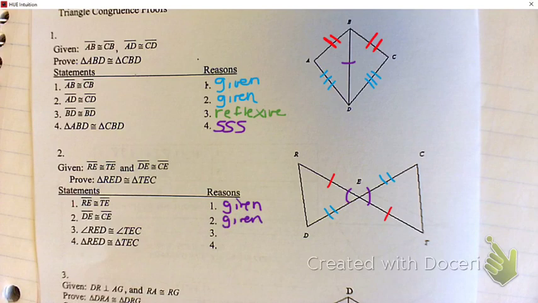Angle RED is congruent to angle TEC. Vertical angles. And then triangle RED is congruent to triangle TEC. Questions about those 2?